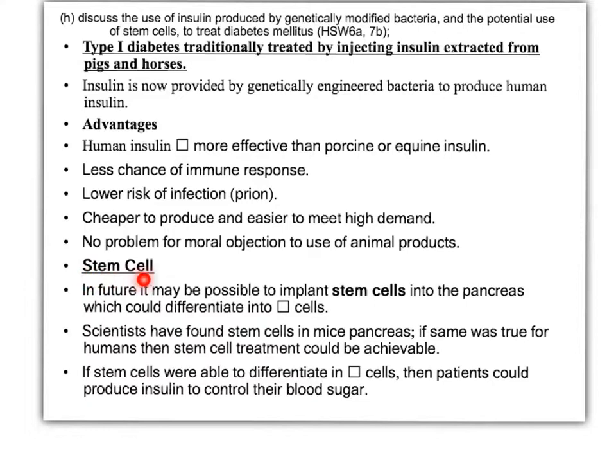Obviously, stem cells, where do we get stem cells from? Embryonic stem cell research has all sorts of ethical issues involved with it. But there is potential hope for the future that transplanting stem cells into the pancreas could actually provide a cure, i.e. we wouldn't have to keep retreating the patient if we managed to transplant stem cells into the patient, which would produce insulin for the patient.